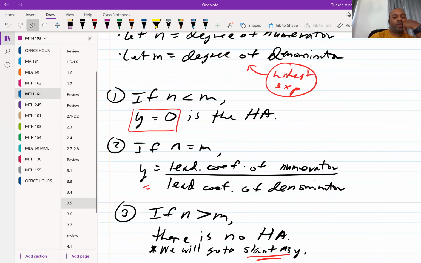And then last scenario, if n is greater than m, the numerator's exponent is greater than the denominator's exponent, there is no horizontal asymptote. Instead, we will go to slant asymptotes.